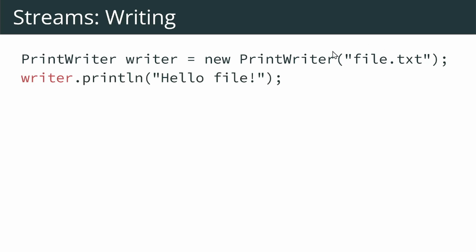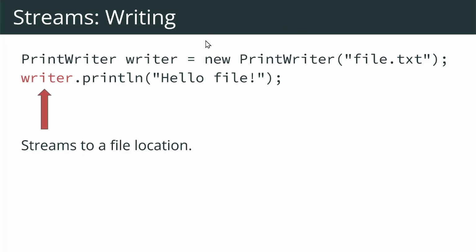And then you can do a very similar method. You can say writer.println and then hello file. What this does is it puts the string into this destination. Instead of the terminal, it's going to live in a file. This is a file location here.